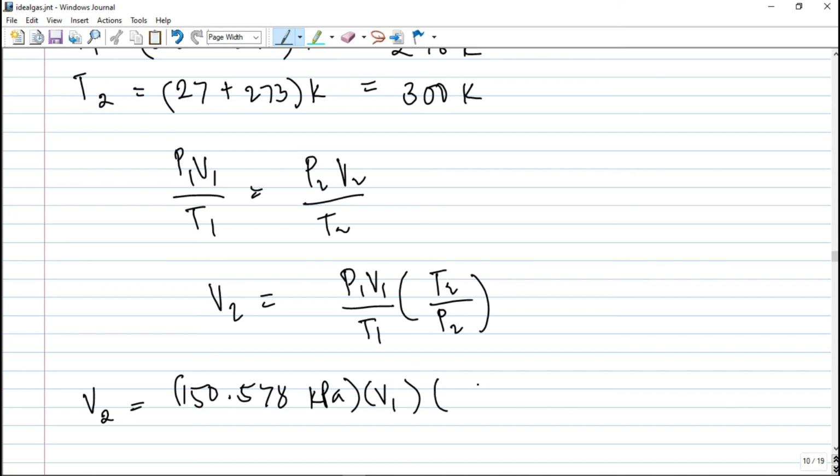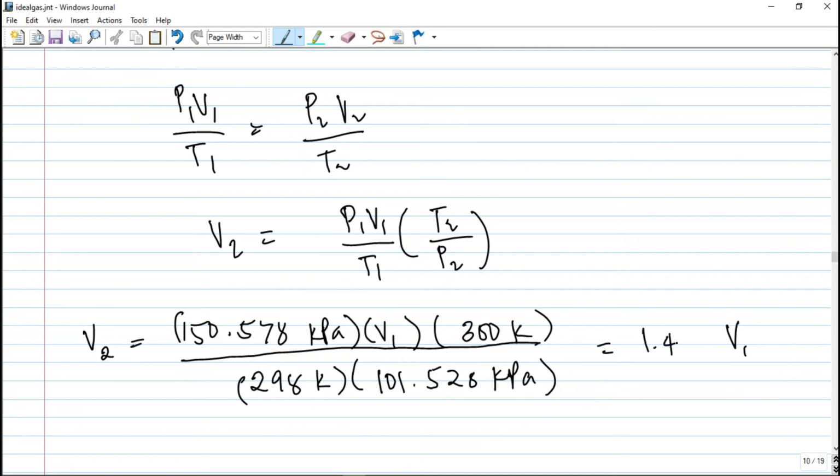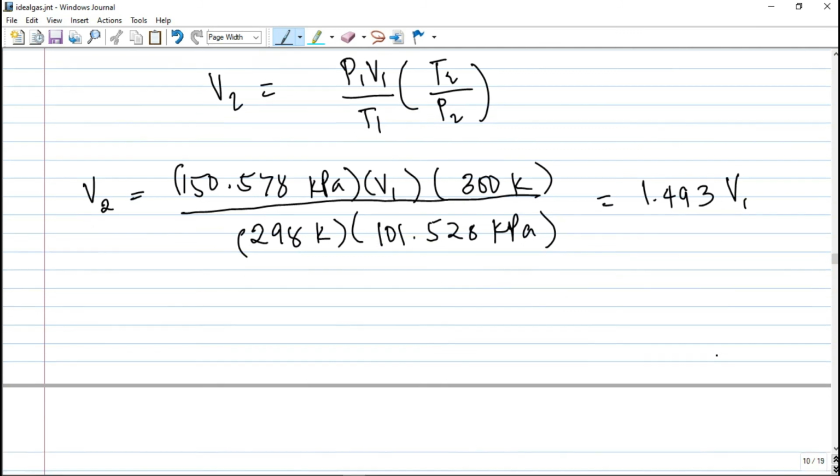Then, our T sub 2 is 300 Kelvin, all over T sub 1, which is 298 Kelvin. Then, our P sub 2 is 101.528 kilopascal. We can relate V1 and V2, so this is in terms of V1. So, V2 is 1.493 of V1. Okay, so it's almost 1.5 of V1.